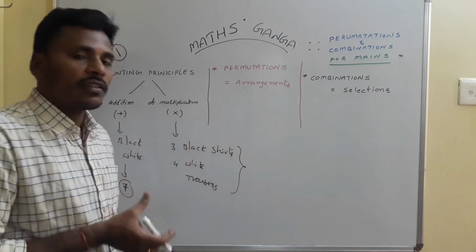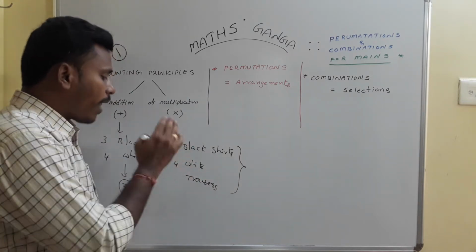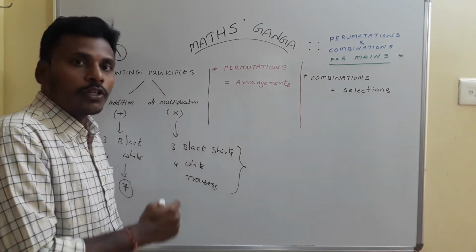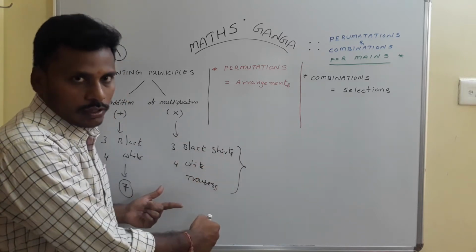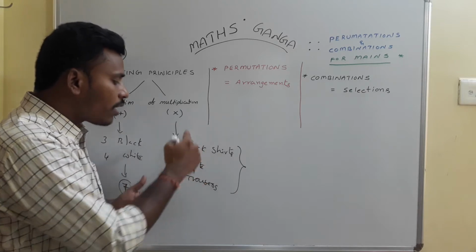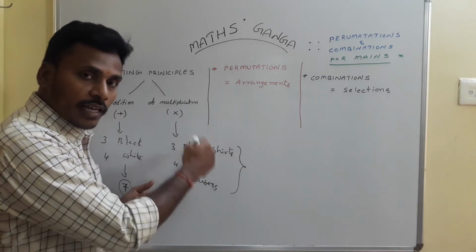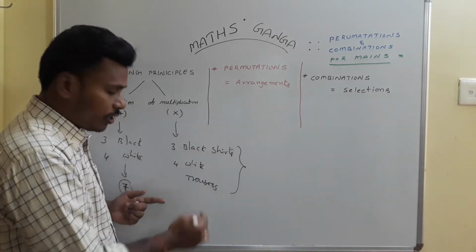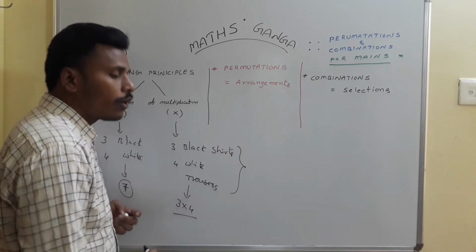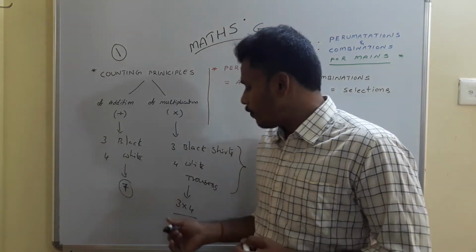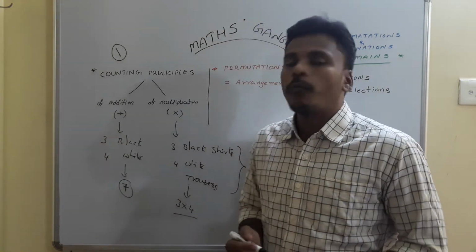For every black shirt, we have 4 chances to select a trouser. For the first shirt, 4 chances. Second one, 4 chances. Third one, 4 chances. So the number of ways to get ready is 3 into 4, 12. This is the situation where we use the counting principle of multiplication.